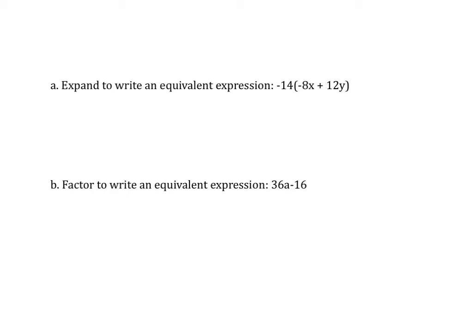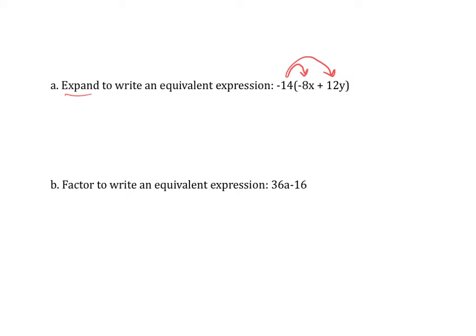So let me pull out my trusty calculator and get going. All right, so the first one, we are expanding. So we're going to use the distributive property. So we have negative 14 multiplied by negative 8x, and then negative 14 multiplied by 12.